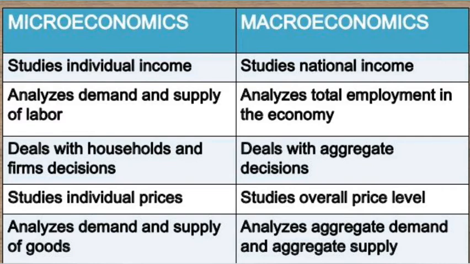Microeconomics is also called price theory. This is because, as I said in the questions, microeconomics studies how prices of goods and services are determined in a commodity market. It also studies individuals like household and firm behavior in terms of decision making and resource allocation.